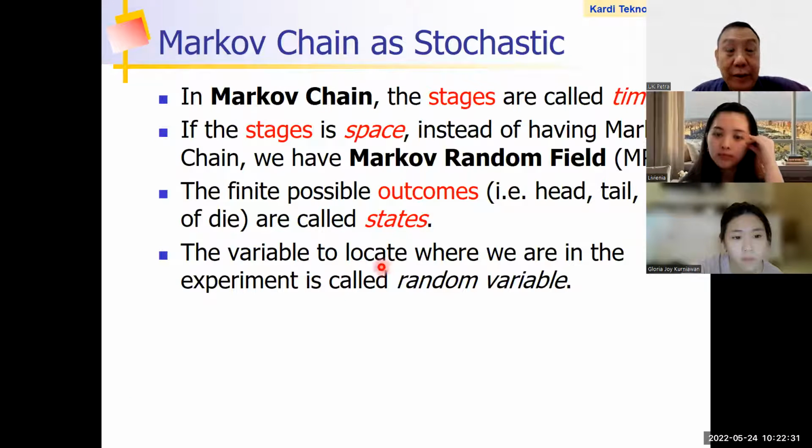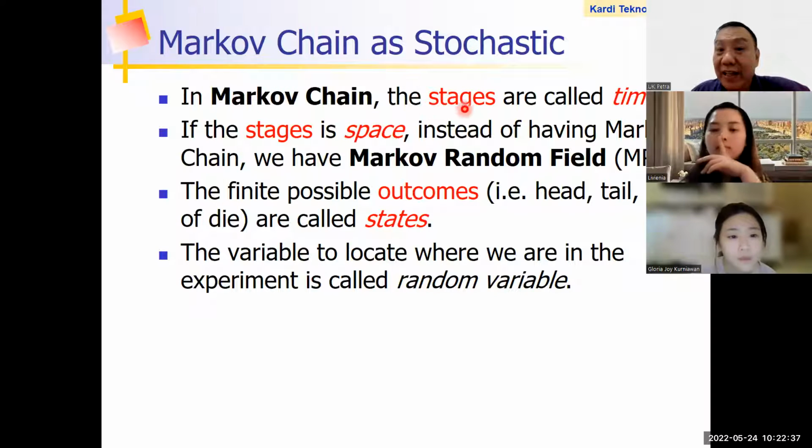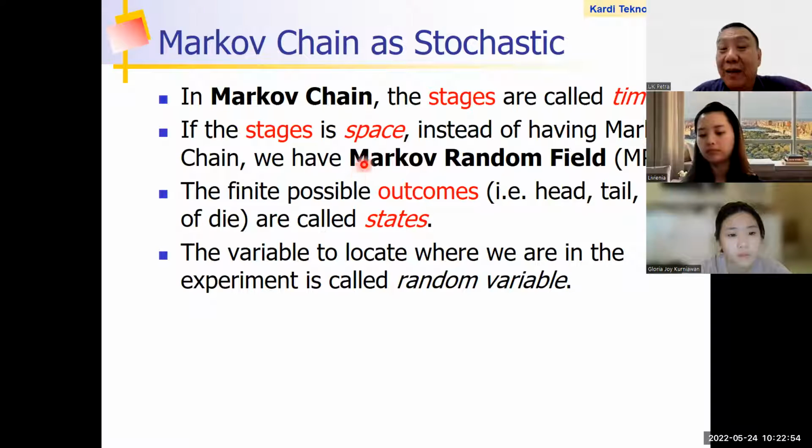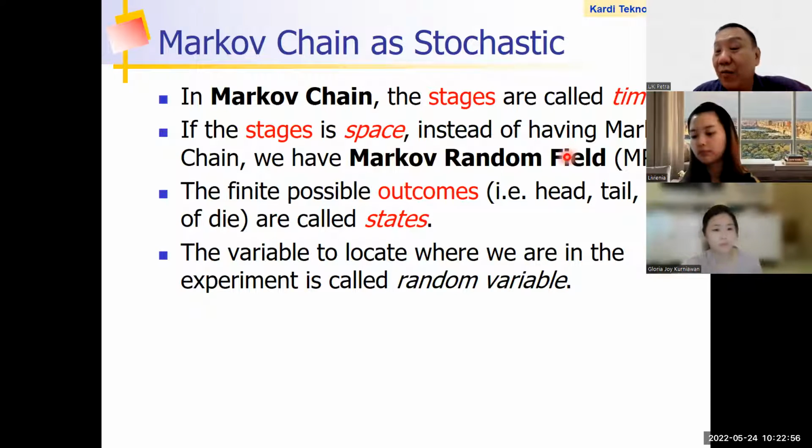Anyway, so Markov chain is a stochastic process. In a Markov chain, the stages are called time. If the stages are space instead of time, it is possible, right? Then instead of a Markov chain, there is another name: MRF, Markov random field.